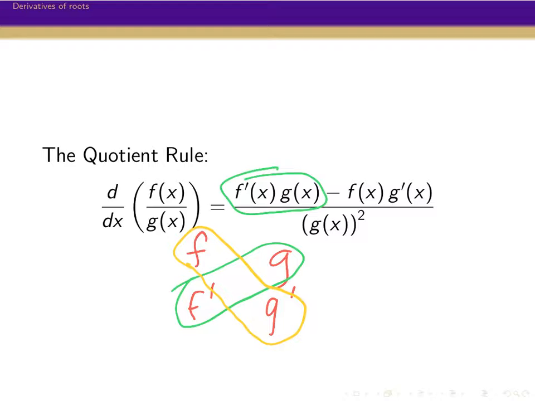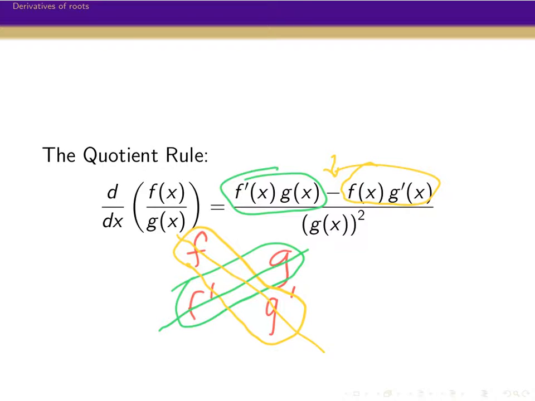This first term still comes from that first diagonal, but with the quotient rule, the one main difference is for the second diagonal, rather than having a plus, it's a minus sign. So order here between f and g is really important because we want to make sure that it's the derivative of the bottom that gets the minus sign, not the derivative of the top.